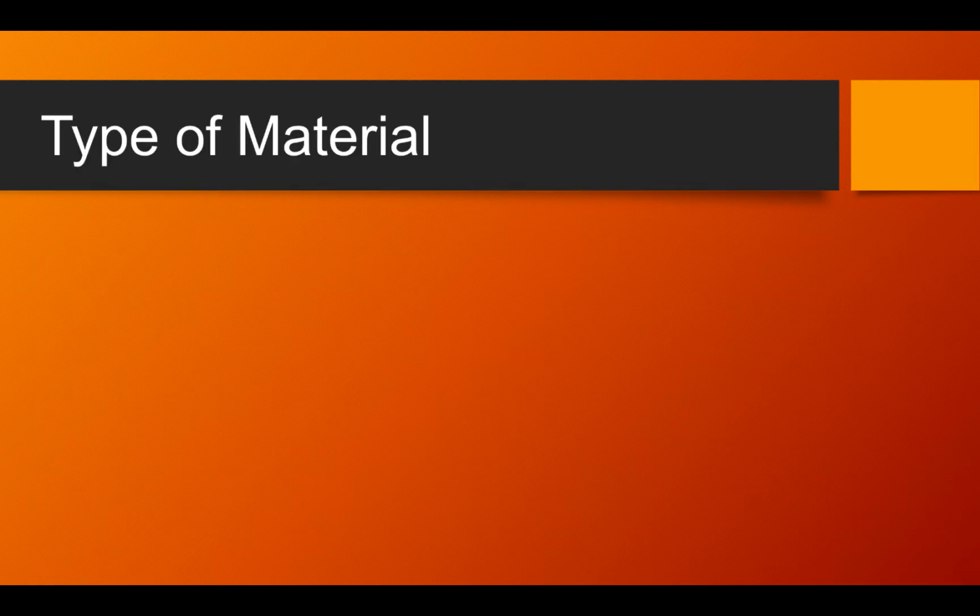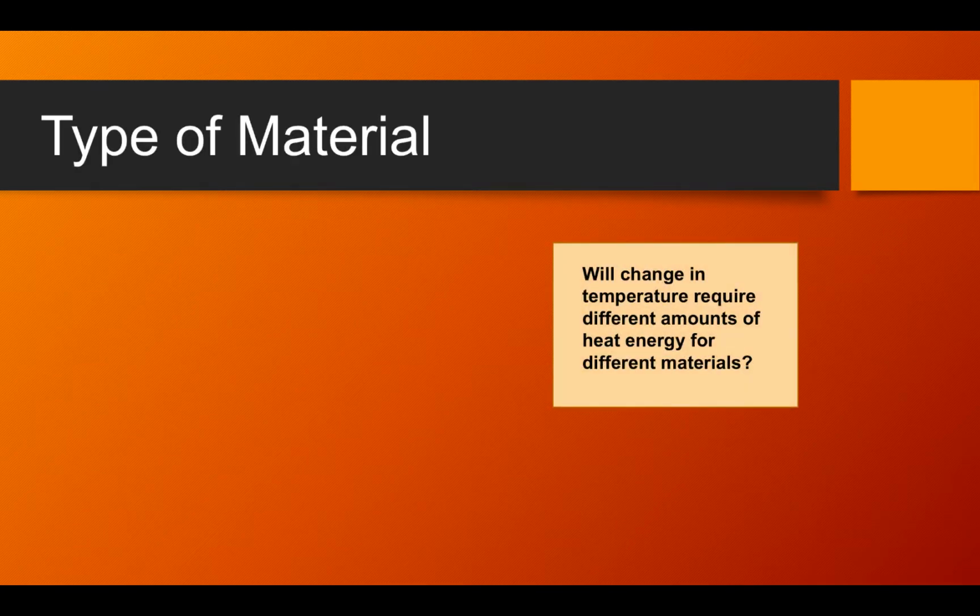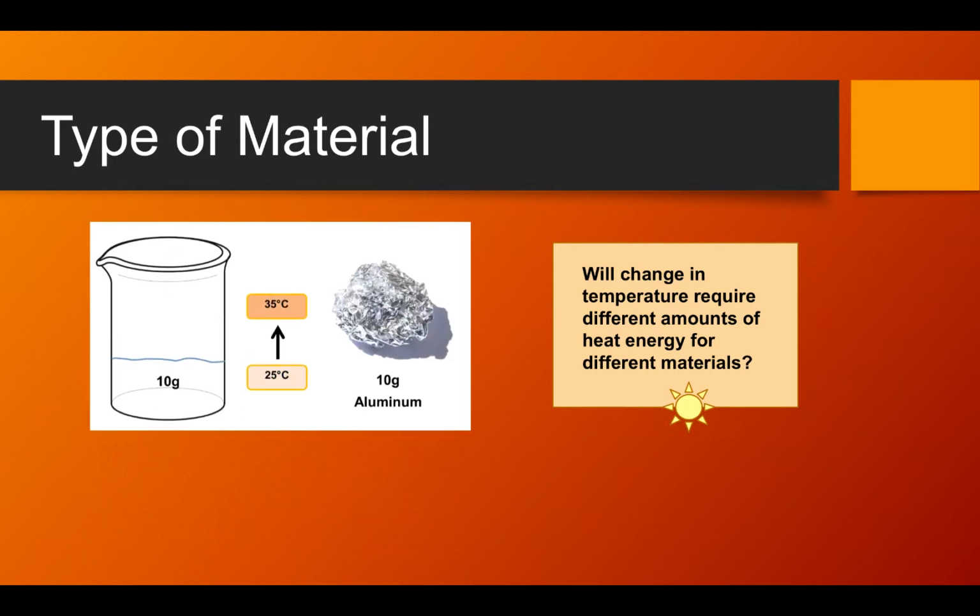Now let's think about the type of material. Will changes in temperature require different amounts of heat energy for different materials? Again, let's look at an example. 10 grams of water on the left in a beaker and 10 grams of aluminum foil on the right, and we want to raise them both by 10 degrees Celsius.